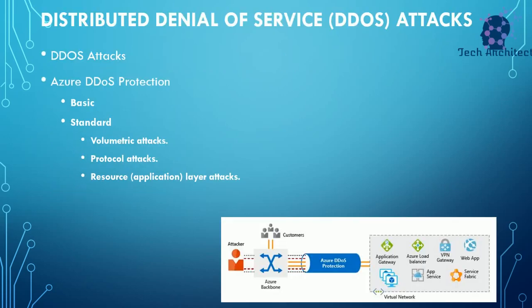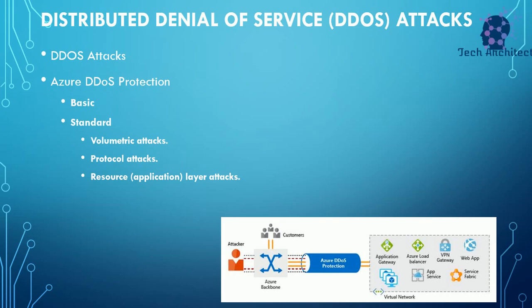The next thing is distributed denial of service attacks, DDoS attacks. Any resource exposed on the internet is at risk of being attacked by a distributed denial of service attack.